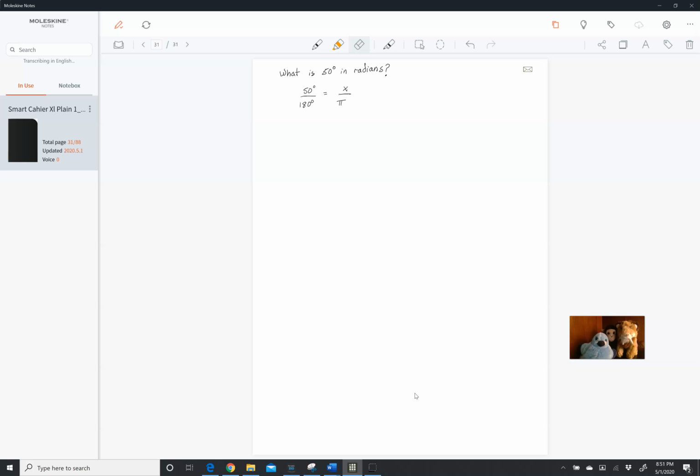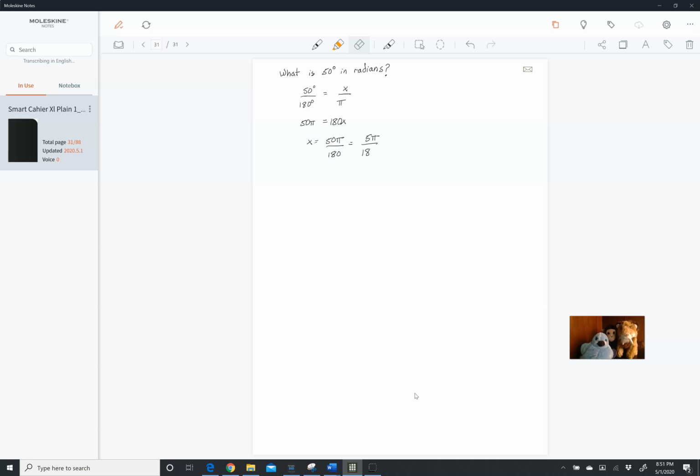Okay, you cross multiply, you get 50 pi is equal to 180x, and then x equals 50 pi over 180. These are both divisible by 10, so you get 5 pi over 18, okay, in its reduced form.